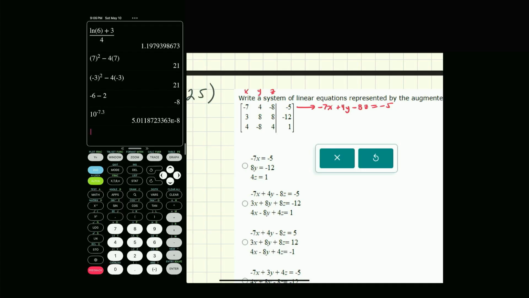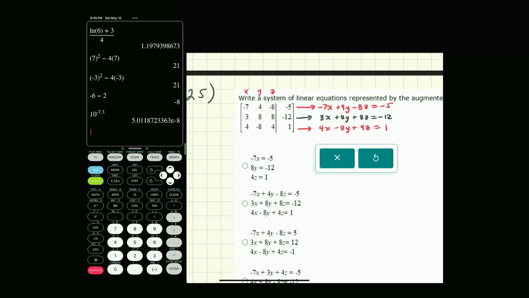Next equation, 3x plus 8y plus 8z equals negative 12. And final equation, 4x minus 8y plus 4z equals 1.